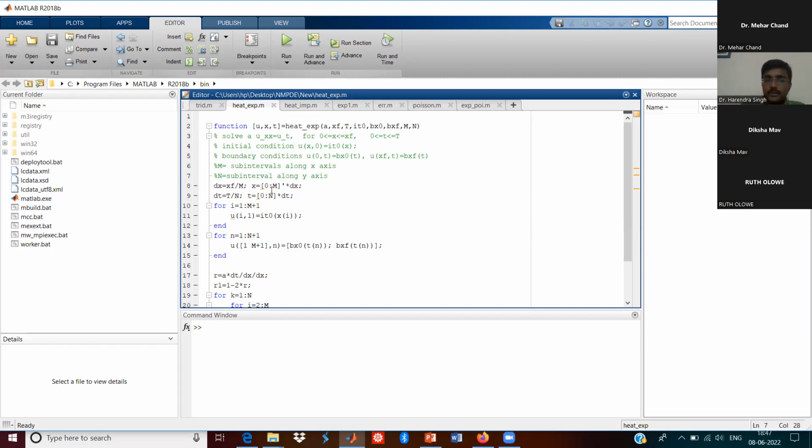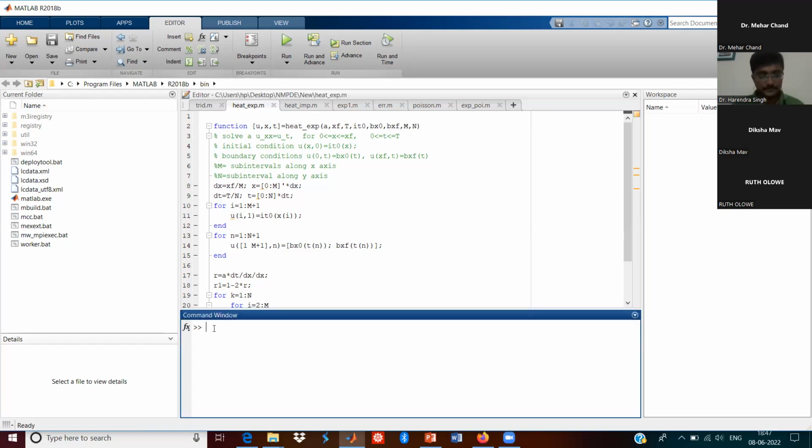So what will be the formula? x equal to 0 to m, transpose. I will show you on the command window. Let me write it.